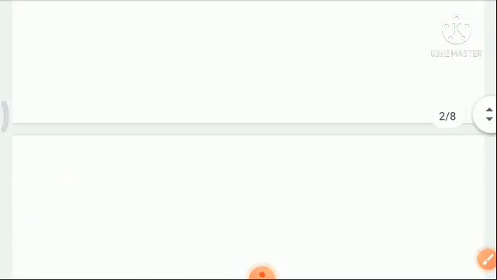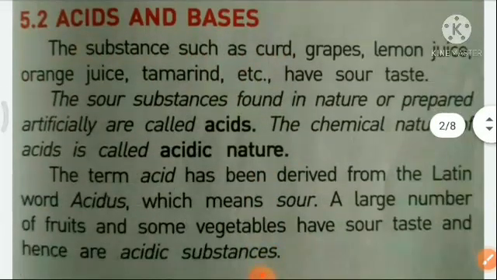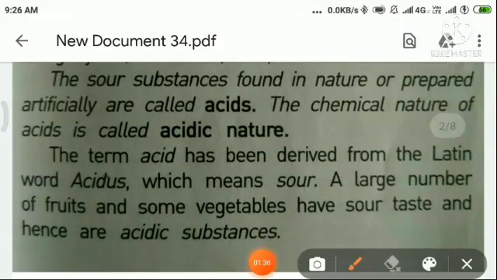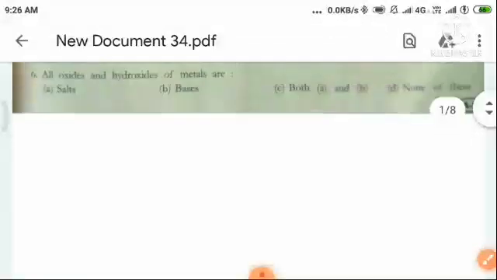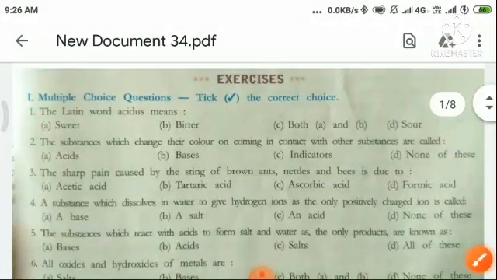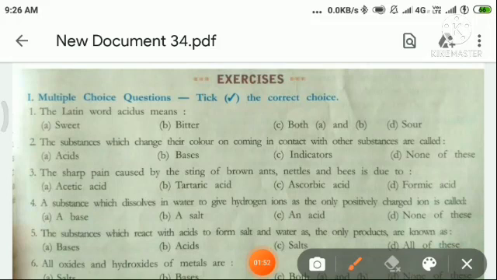It is sour, so the correct answer is D. In this paragraph of your book it is written that the word acidus means sour. So the correct answer of question A is sour.